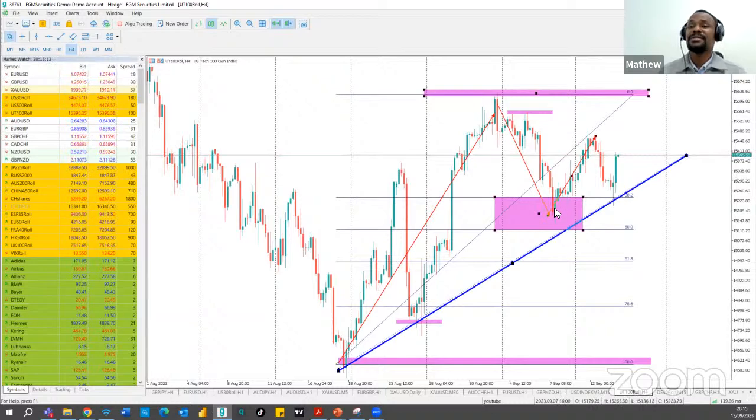So in this case, what you want to consider is if the price pulls back below that 38.2 and does not go beyond 50%, then you want to wait until it rises above that 38.2 level again. And at that point, you want to consider going long.